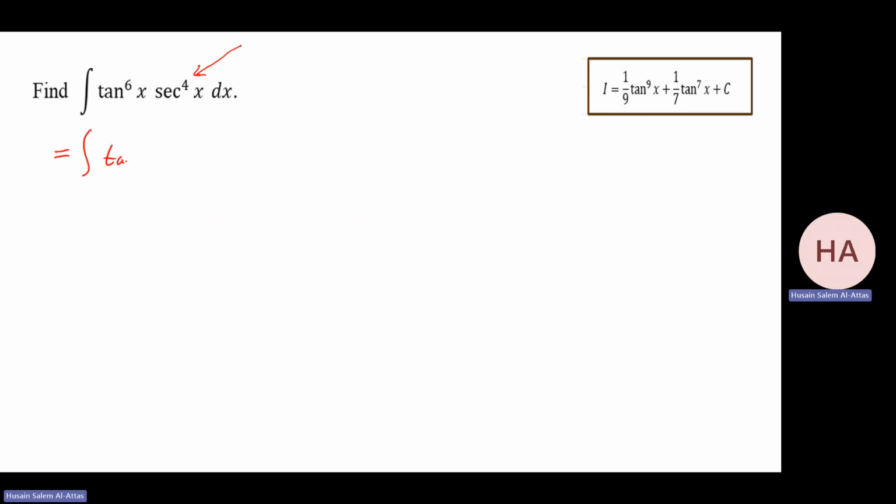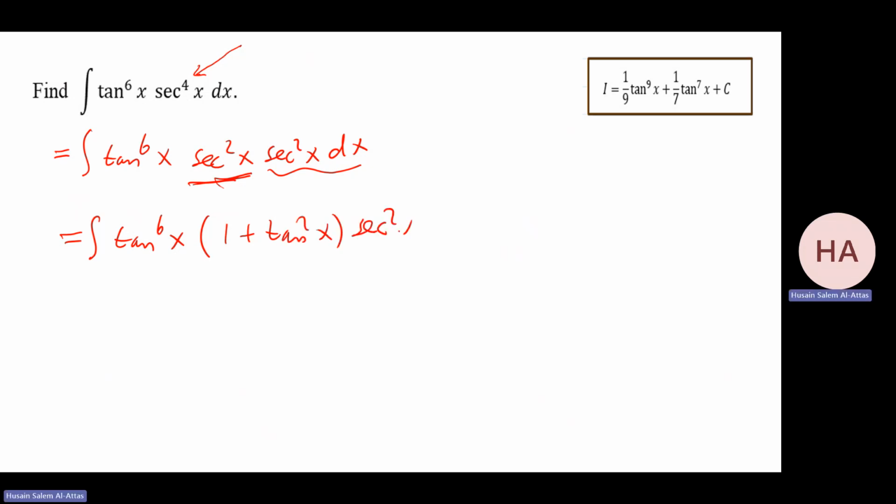So that will be tan to the power 6. This one I change into secant square dx. I change one of these secant, this will be du. And this I'll change into tan square. That will be tan to the power 6. Secant square is what? 1 plus tan square.